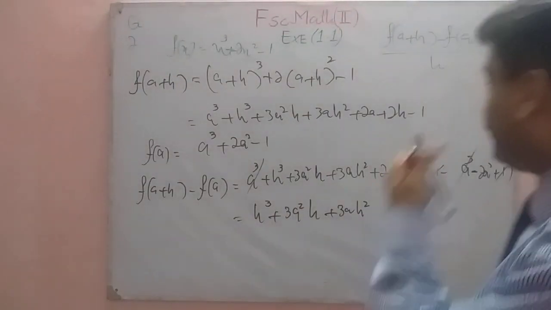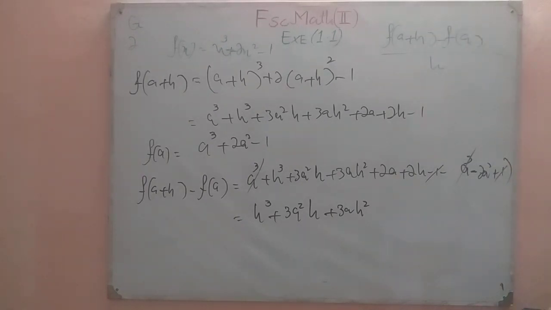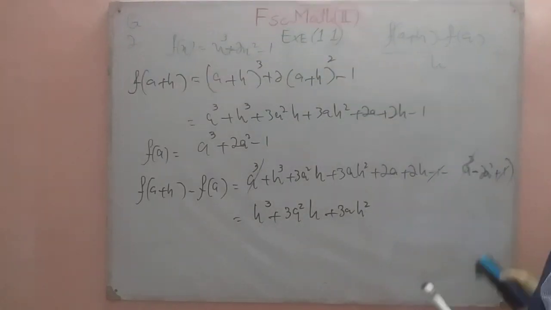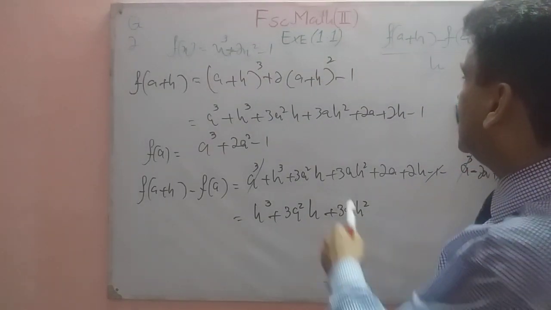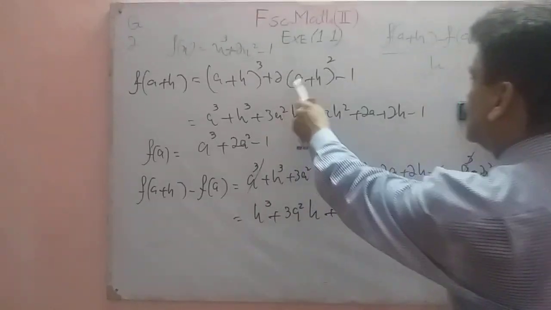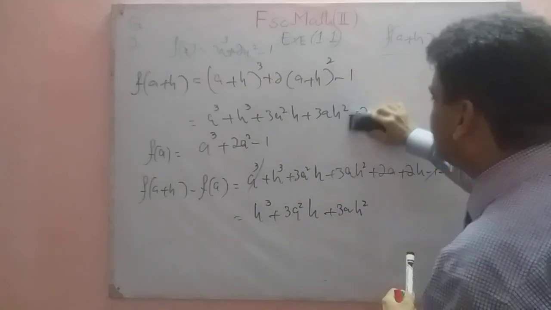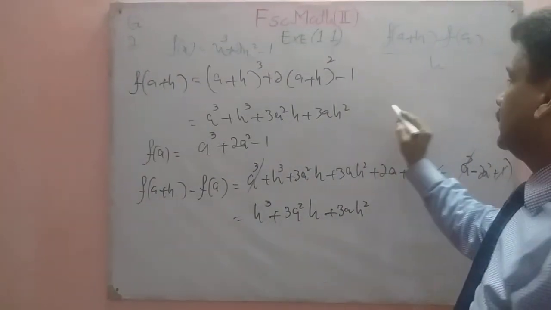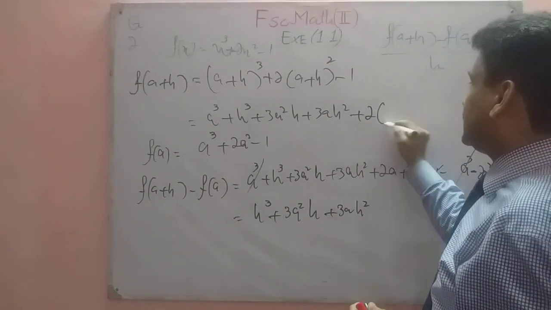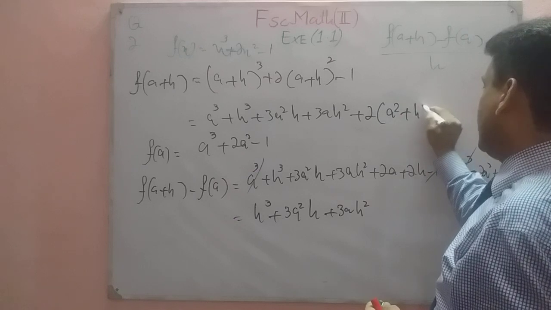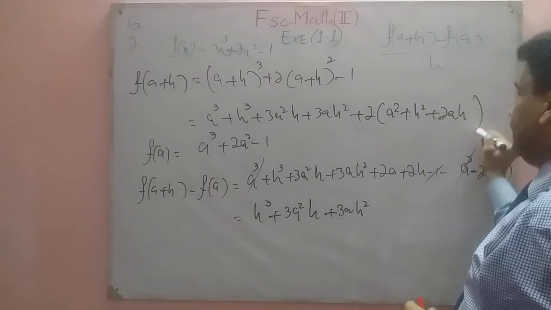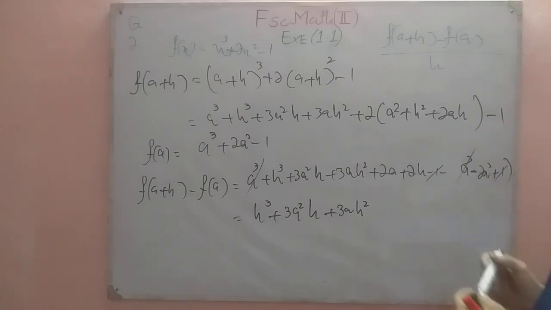The value of f of a plus h whole square will be equal to 2 multiplied by a square plus h square plus 2ah minus 1.